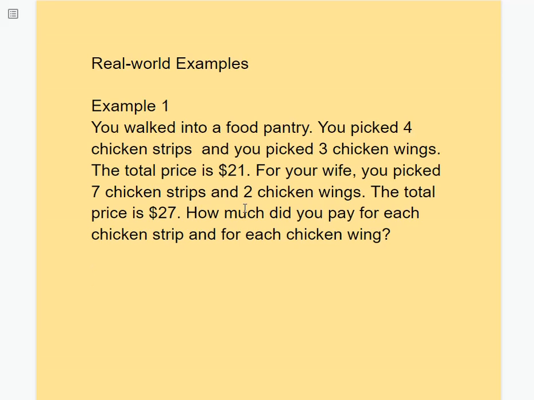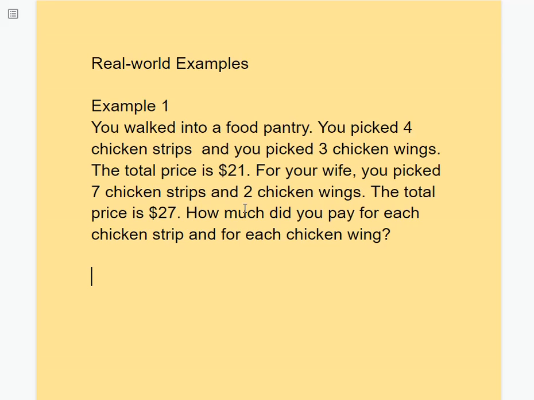So how do we solve this? Well, we can put the language into math in linear equation format, right? So in the first instance, you picked 4 chicken strips and 3 chicken wings. That's for you, and the total price is 21.